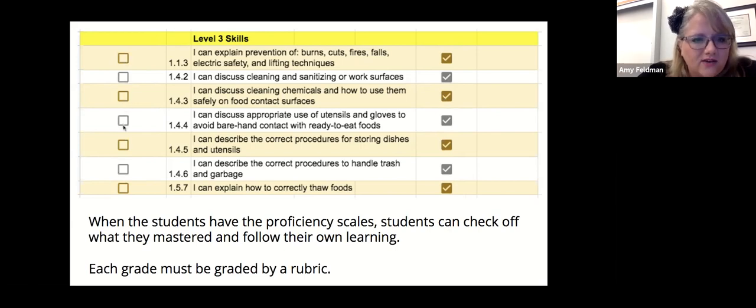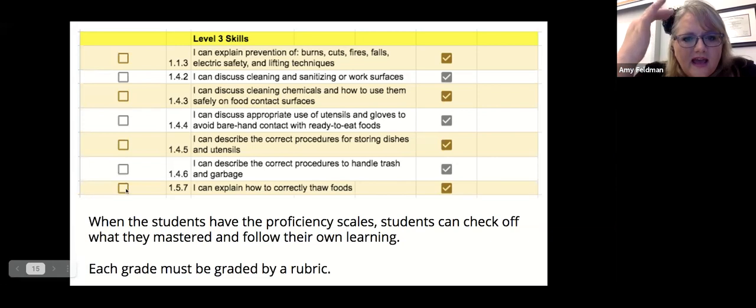I know how to do this, and I know how to do this. So if at the beginning of the semester, you give the students what they are going to learn that semester, then they can check off, oh, I know how to do this. Or they might come here and say, oh, I totally forgot how to correctly thaw my food. So I need to look that one up. So I'm not going to check this one off right now. So there's 2 sections of check marks, one for teachers, one for students. That way they can follow their own learning, okay?